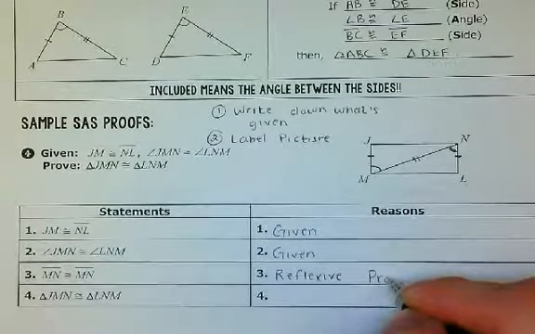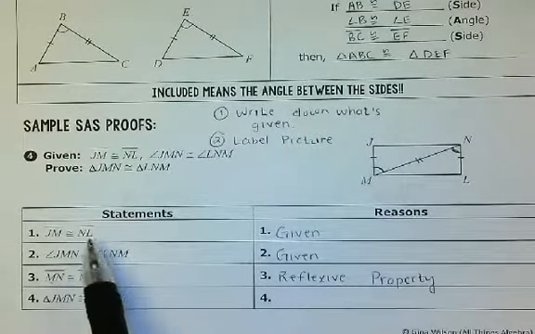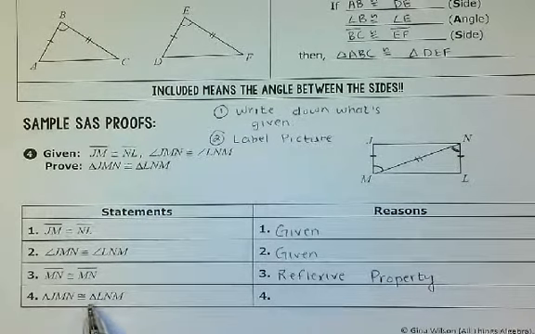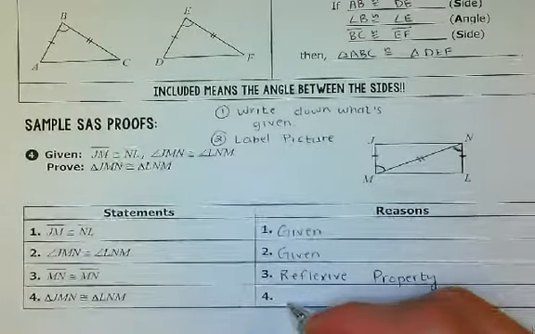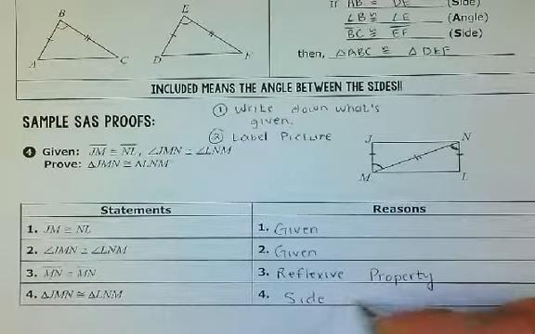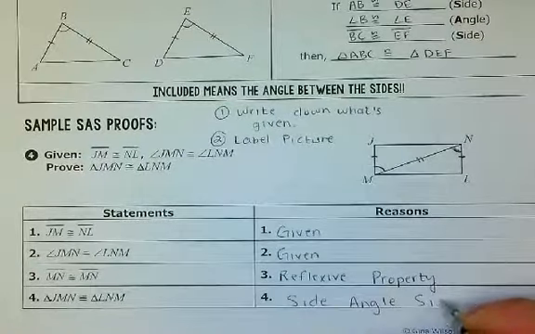So reflexive property for this one. Okay, so now we have a side, angle, and a side. Triangle JMN is congruent to triangle LNM. We know this is true by side-angle-side, or the SAS.